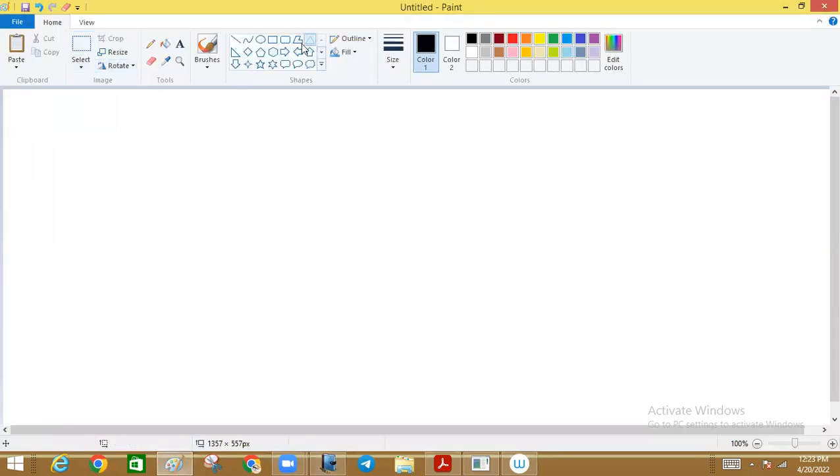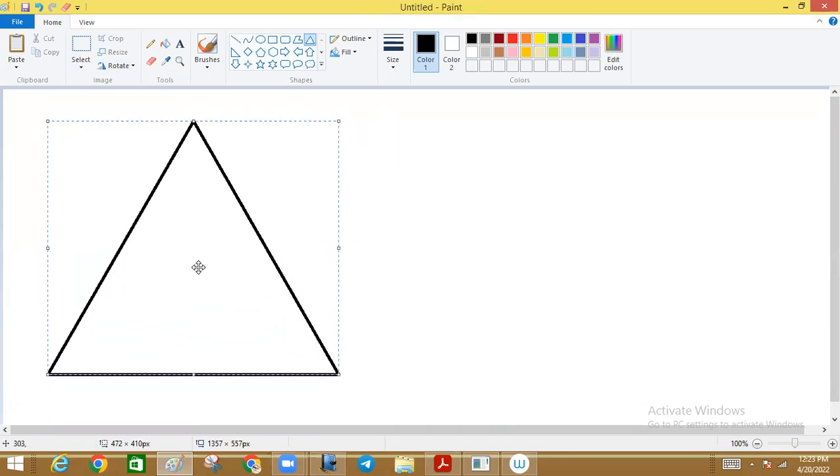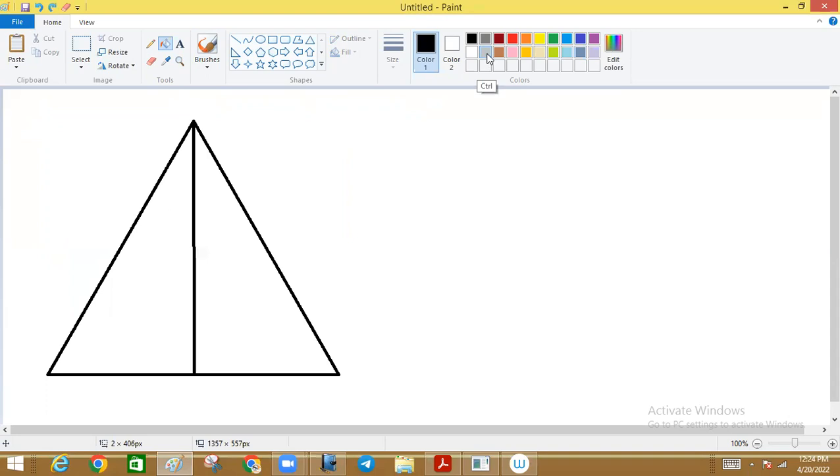See here, I'm drawing the median. The shaded region is what part of the entire triangle? Tell me, it is a median, I'm telling you. It is half of the triangle. Yes or no? It is half of the triangle.